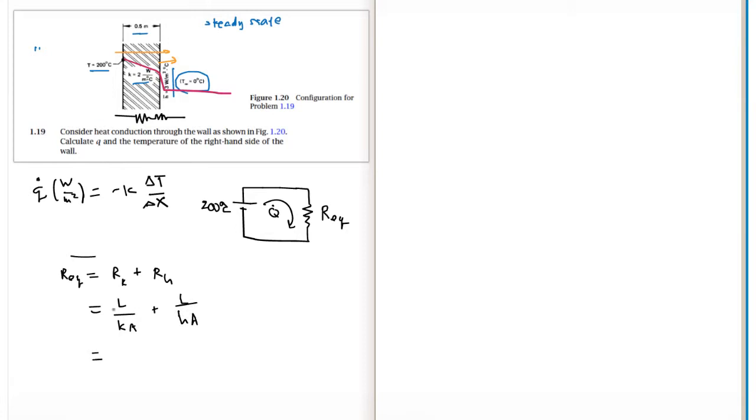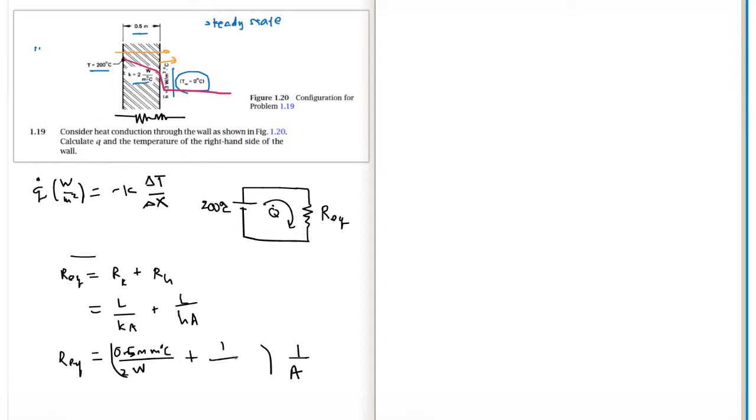So we have the equivalent resistance equal to 0.5 meters over 2 watts per meter degree C. I'm going to pull the area out, 1 over area. It's the same area for both, if we consider one-dimensional conduction through this wall.